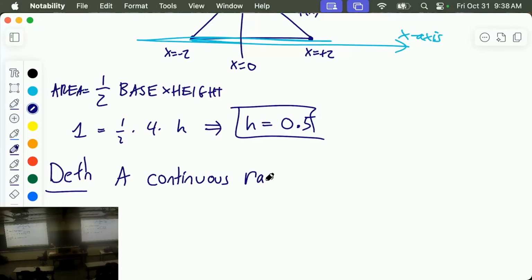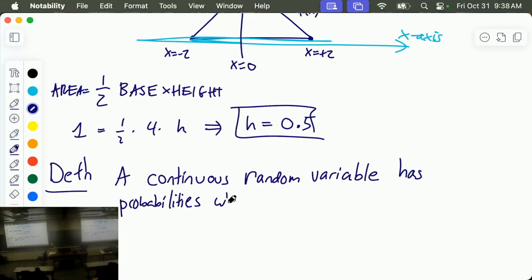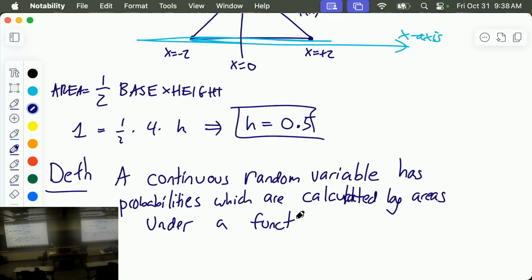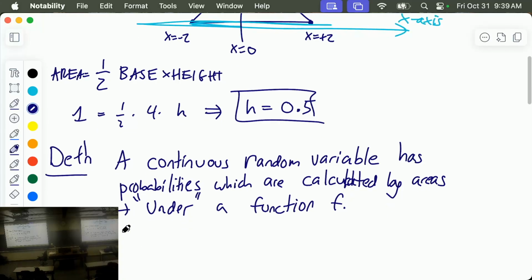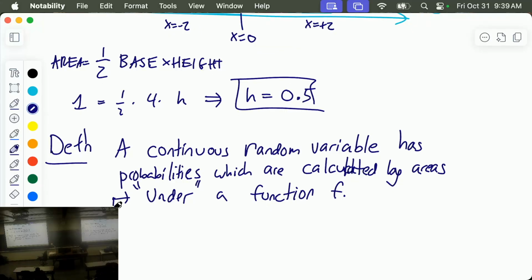A continuous random variable, and let me be very practical about it and say how you calculate with it, has probabilities which are calculated by areas under a function f. And by under, I mean exactly this thing, between f and the x-axis.